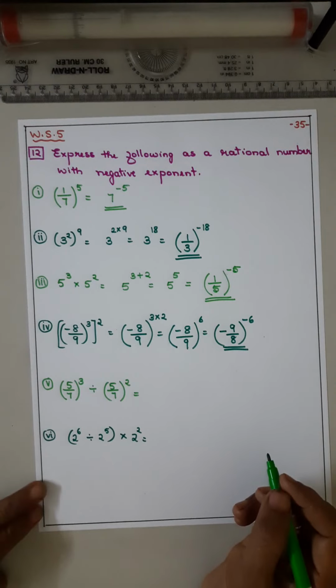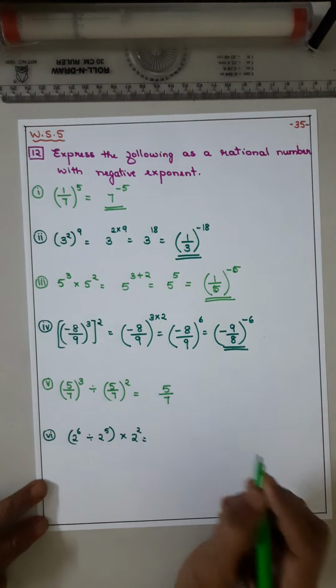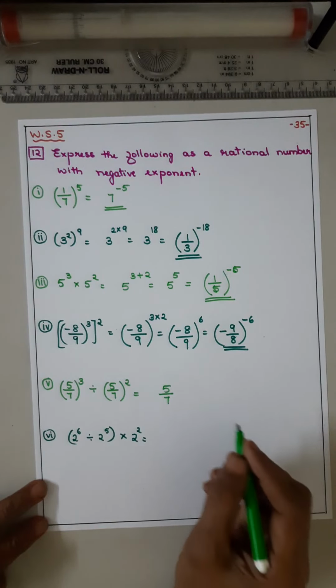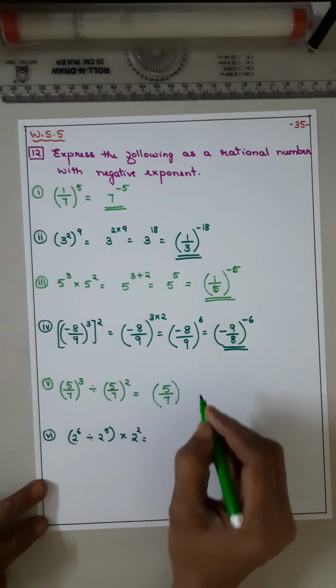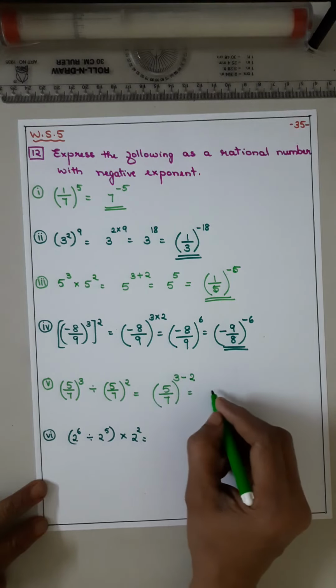Okay, now coming to the fifth sum, 5/7 is the base. In between division, so subtract the powers. 3 minus 2 is 1.